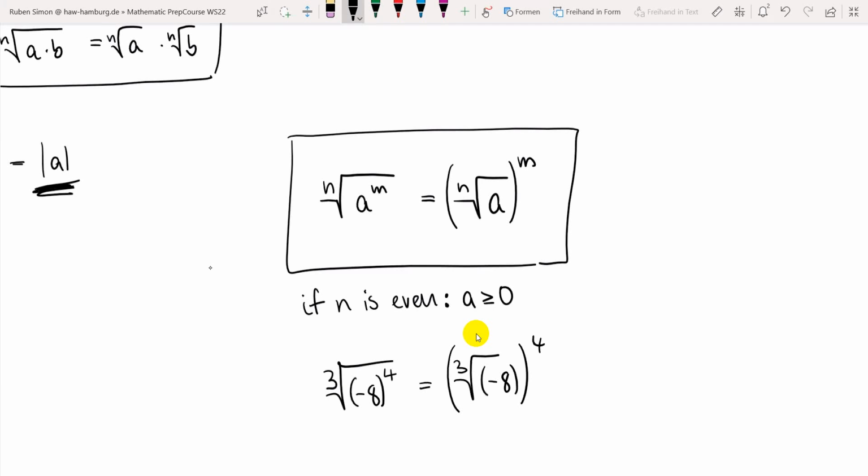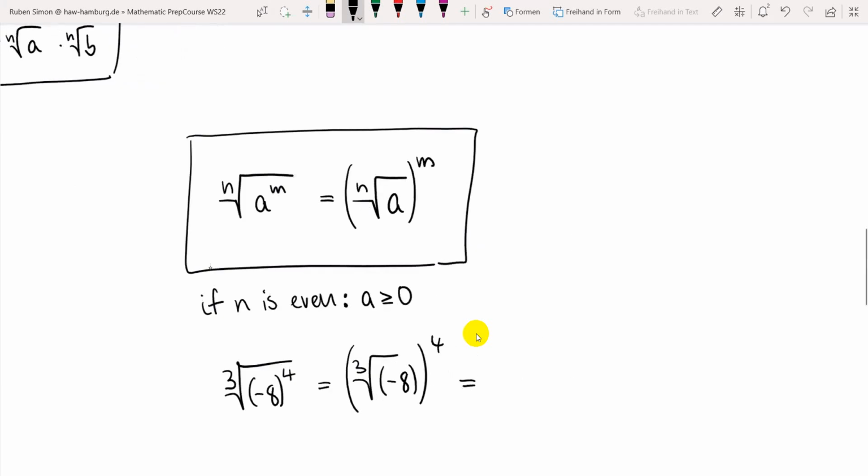And then some of you would say that this in the middle, of course, is -2, and then you would raise it to the power of 4, and you would end up with +16.